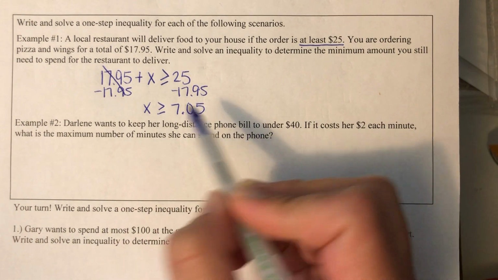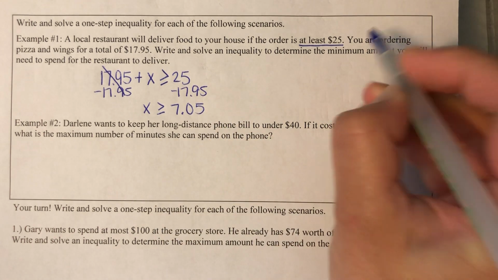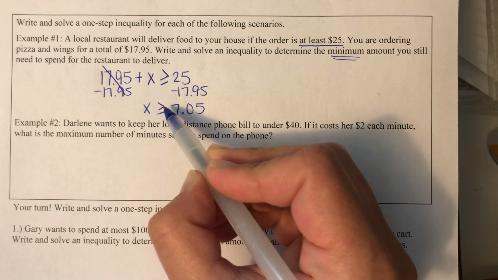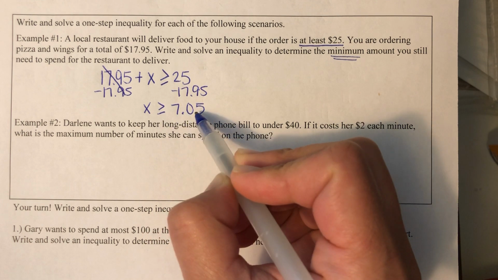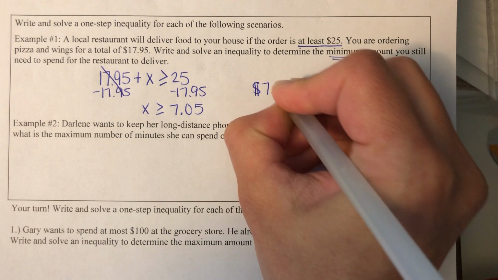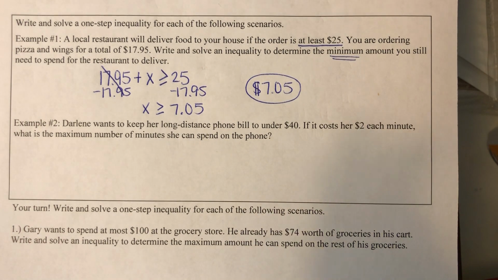All right, so that's my solution set, but they want the minimum amount. So I need to spend greater than or equal to 7.05. So the minimum I need to spend is $7.05. I could spend more than that and they'd still deliver, but that's the minimum.